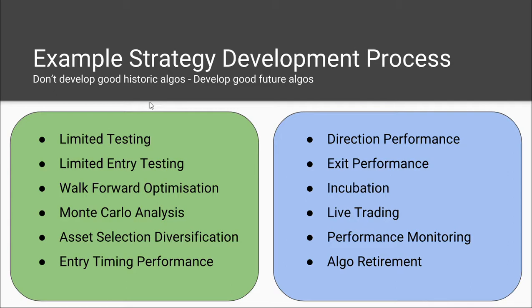But this is just a couple of things. I'm just going to do a quick overview of what I might do for development of a fully automated system. I start with very limited testing, like a 3-month block on maybe one of the currency pairs, to play around with all my parameters and make sure the strategy is working as it should.